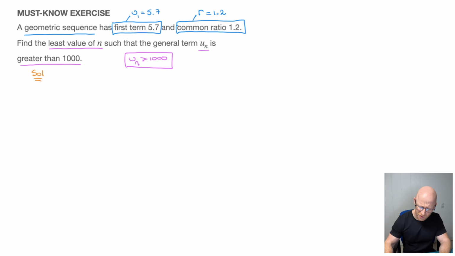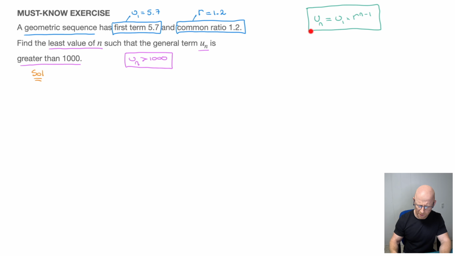Remember, that's the formula which states that the nth term, u sub n, is equal to the sequence's first term, u sub 1, times its common ratio r, raised to the power of n minus 1. I'll go ahead and box that formula. I'll also point out that if you are an IB mathematics student, then this formula will be in your formula booklet. But whether you're an IB mathematics student or not, when studying geometric sequences, this formula really should be known.